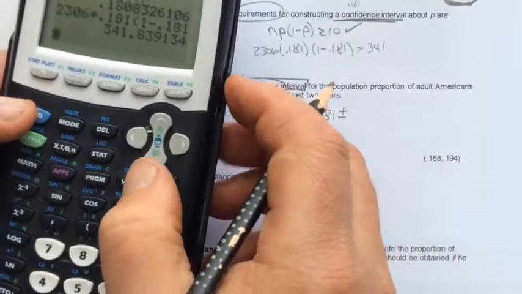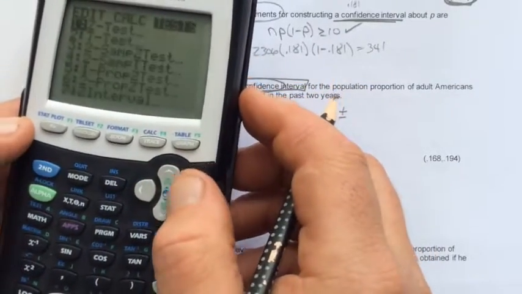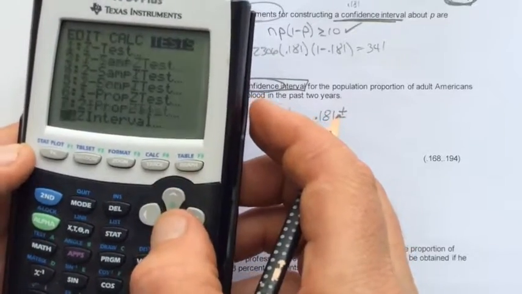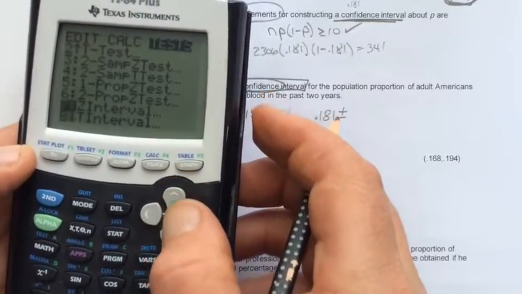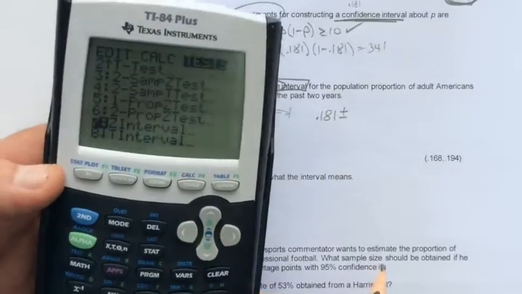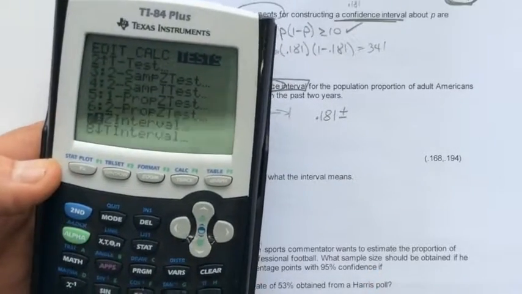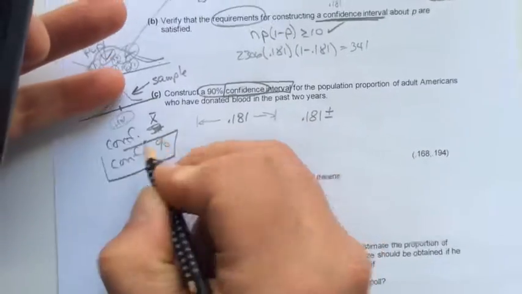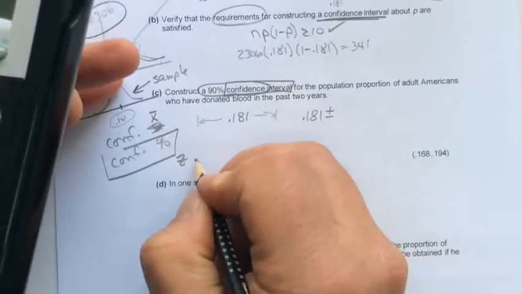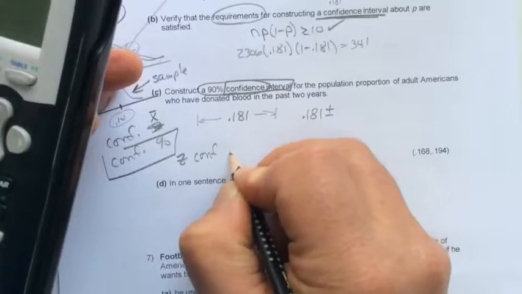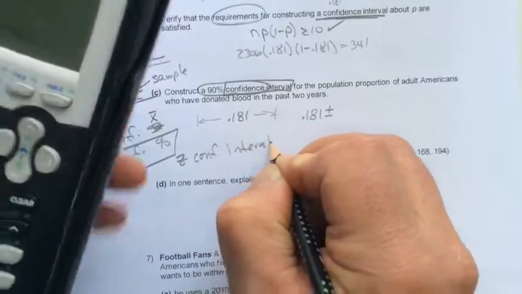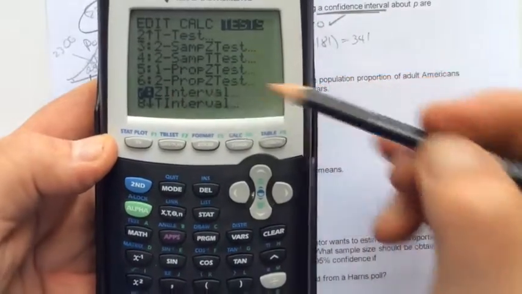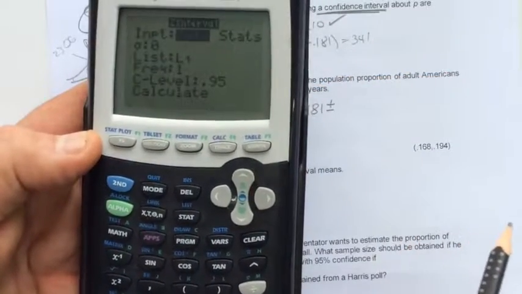So when we go to stat tests, we want a 1 proportion confidence interval. So percentages use z-scores. Okay, so we want a z interval. So when it's this kind, we want a z confidence interval. Now the people that wrote the programs didn't put the word confidence in it, so it's just a z interval.